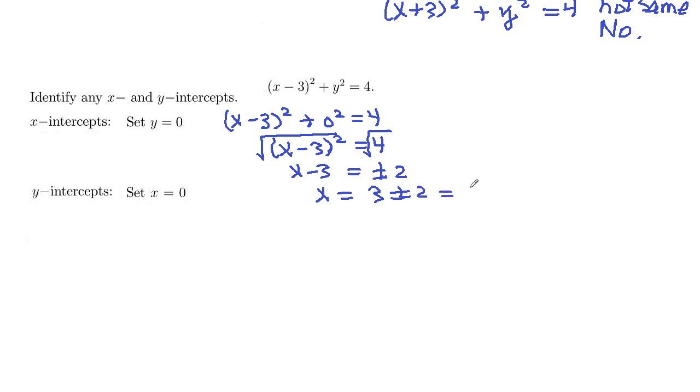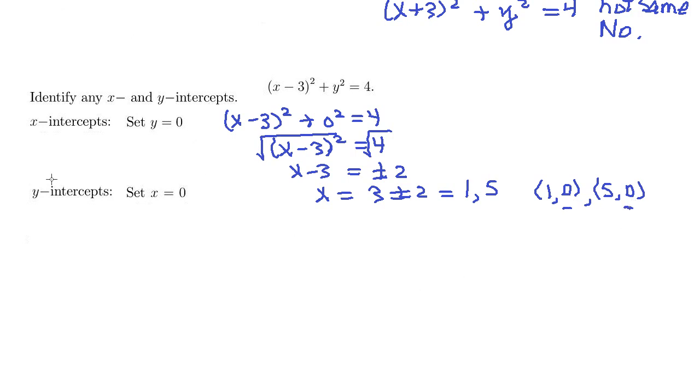So 3 minus 2 is 1. And then 3 plus 2 is 5. So your intercept points here are going to be (1, 0) and (5, 0). So x-coordinates when y is 0.